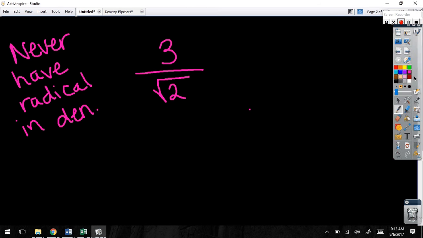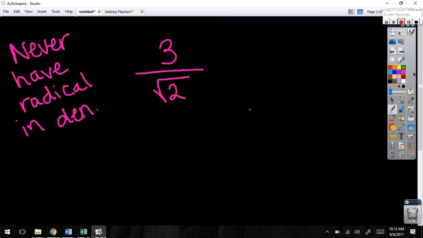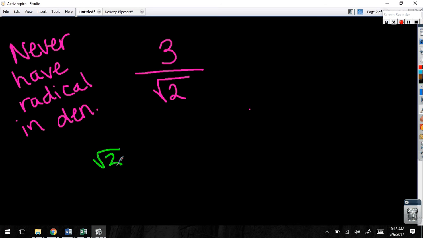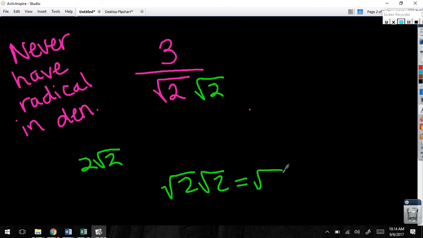Did y'all hear that? You are on the right track. But if I multiply the square root of 2 by 2, I just get 2 root 2, right? That's what Lakiana was saying. If you multiply the square root of 2 by itself, the square root of 2 times the square root of 2 is the square root of 4, which is 2.